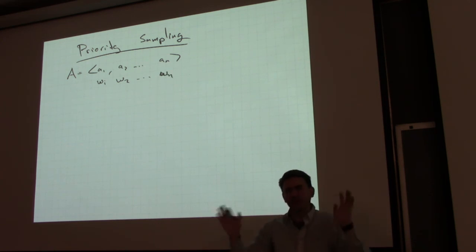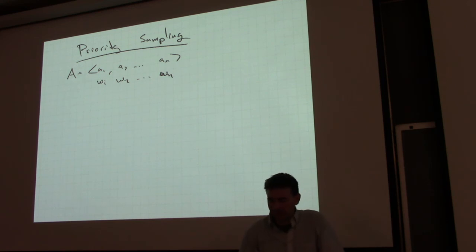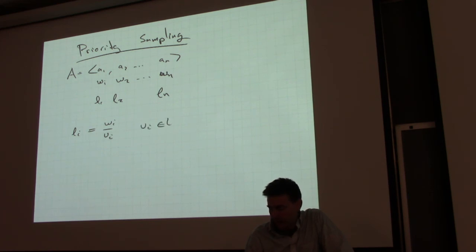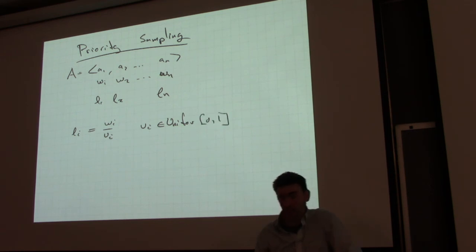For now, forget about the stream. I'm going to create what's called a priority, row 1, row 2, up to row n. Row i is going to be the weight w_i divided by u_i, where u_i is uniform between 0 and 1.